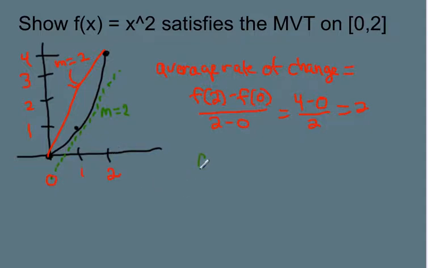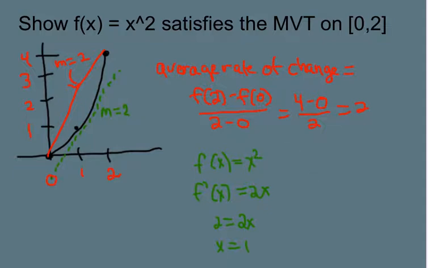So if f of x is x squared, then my derivative is going to be 2x. Now, I want my derivative to equal 2, so 2x is going to be 2. That means at x equals 1, it takes on a slope of 2. So that's the big concept.